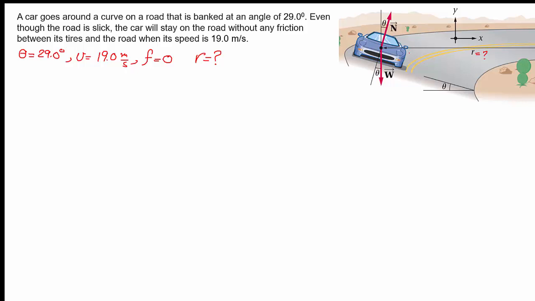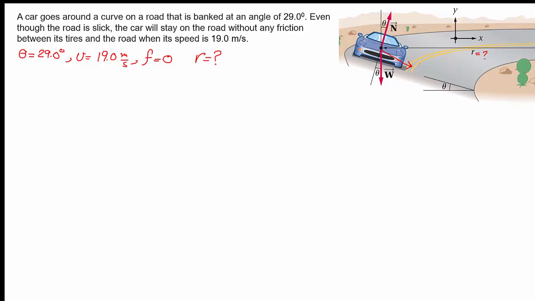Now notice here when you apply the force diagram on this object, the only two forces acting on the object are the normal force, uppercase N here, and the weight, uppercase W here. If there is friction, there will be friction along the road here. It will be in this direction along the bank.